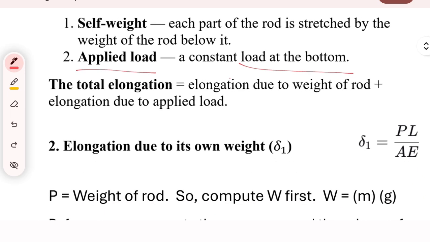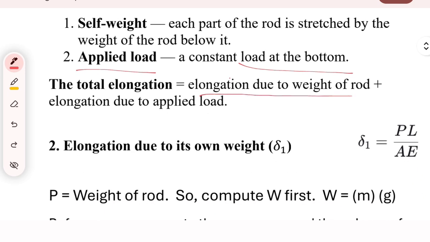So the total elongation is the elongation that's caused by the weight of the rod itself and the elongation that is caused by the applied load P. So there would be two values of elongation, elongation 1 and elongation 2. We will add elongation 1 and elongation 2, and that would come to the total elongation experienced by the rod.